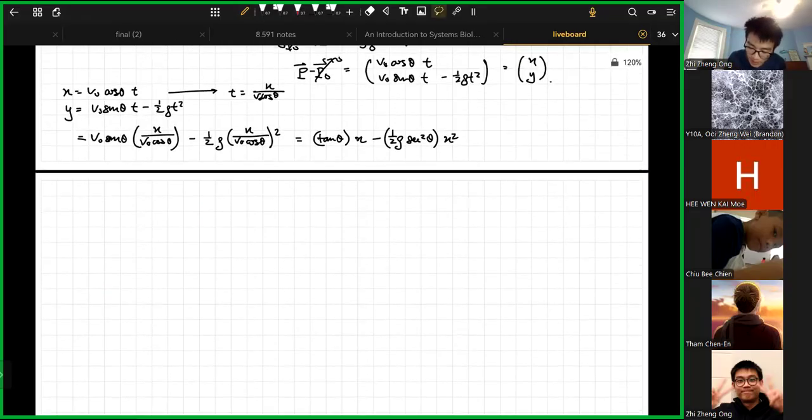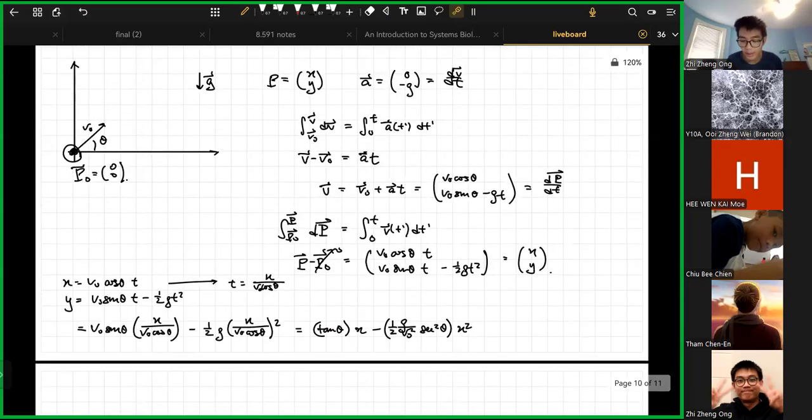I forgot this v naught, sorry. Given one theta, one g, one v naught, you will deterministically know how the parabola looks.